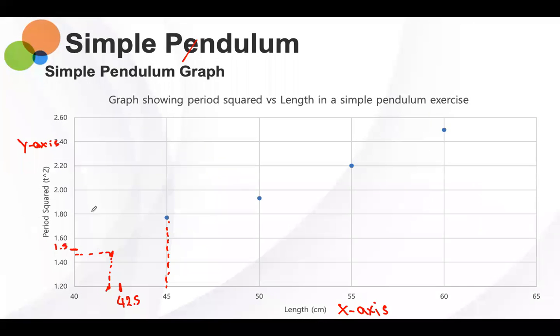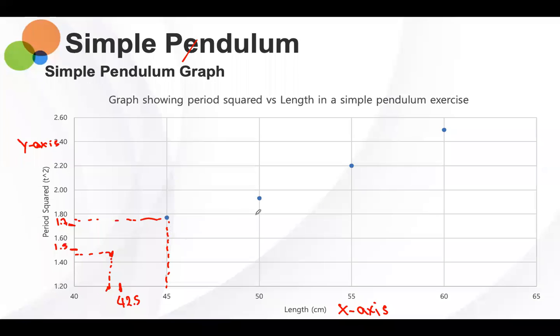What is in the middle of 1.6 and 1.8? 1.7. So 1.7 would be here. That means 1.77 would be a little bit above 1.7. So it will fall in this region.